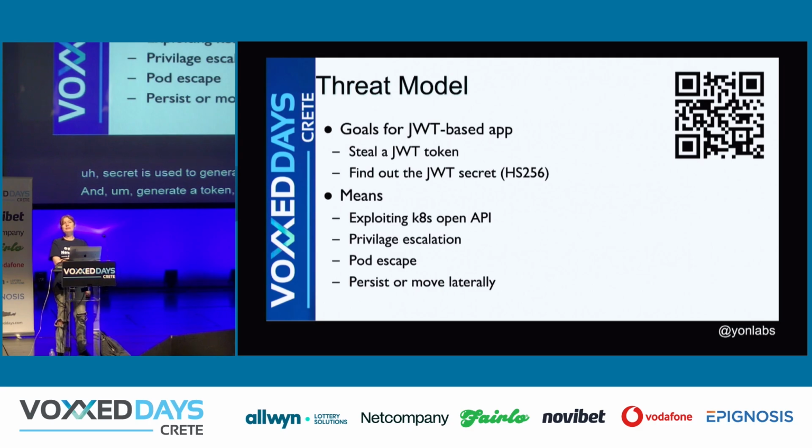What does it mean? It means that we need to find the secret in order to be able to generate new tokens ourselves. So we'll try to steal your secrets, your tokens, or find out this one secret used by the app in order to hijack your accounts.